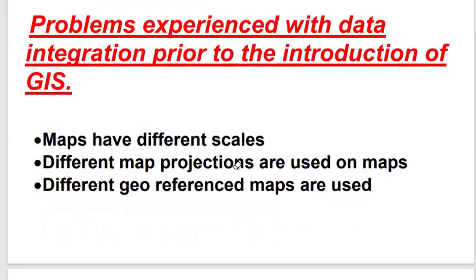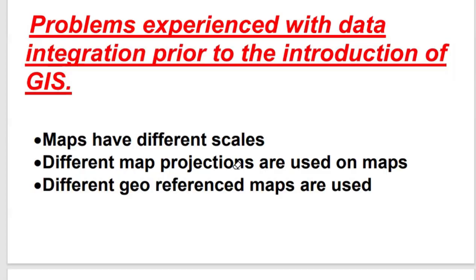Merging a small scale map and a large scale map is not very easy because of the differences in scale. The features are not presented the same according to the differences in scale. A small scale map will be neglecting some information, while a large scale map will be giving details of everything. So merging those two might be a challenge.